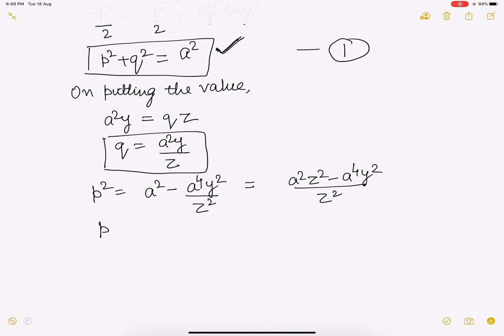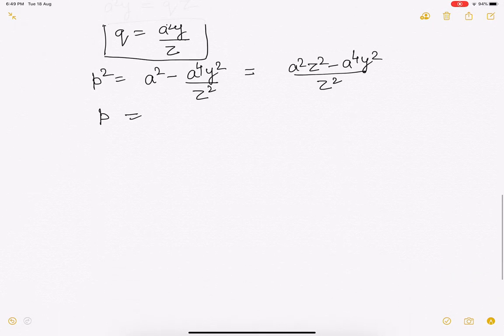Now what is the value of p? The value of p will be a upon z root over z square minus a square y square.